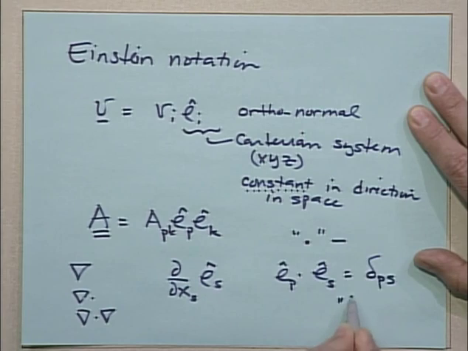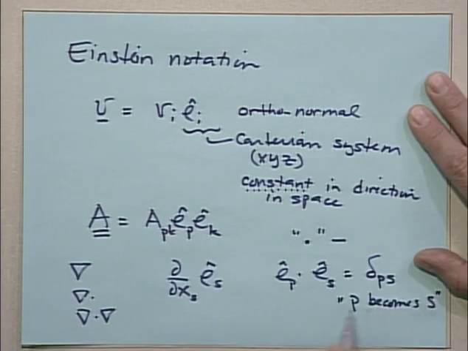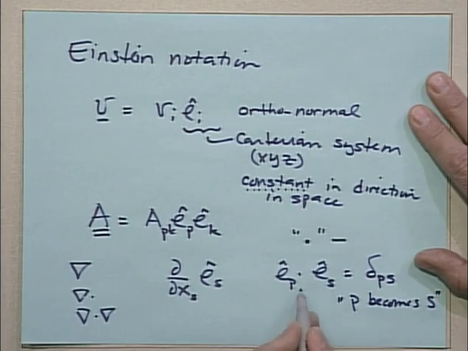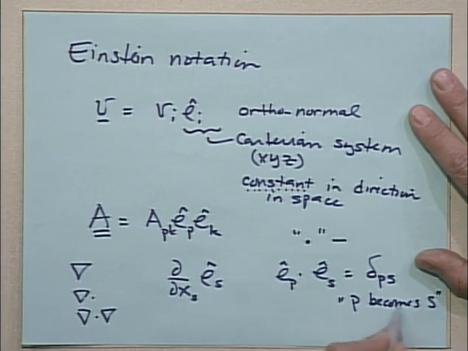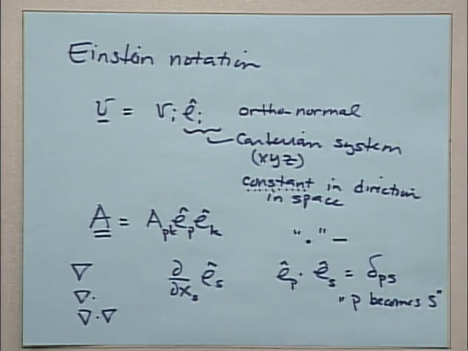P becomes s. The reason p becomes s is because this product is 0 when p is not equal to s, and it's 1 when p is equal to s. So p equal to s is the only time the terms stay behind. That's why p becomes s and all the other terms go away. You replace the delta with a 1, p becomes s, and you're done.